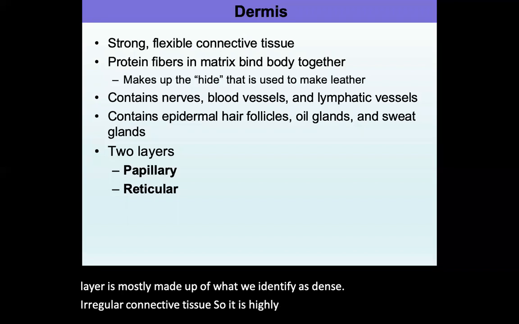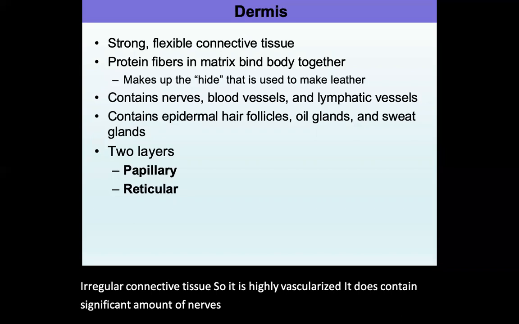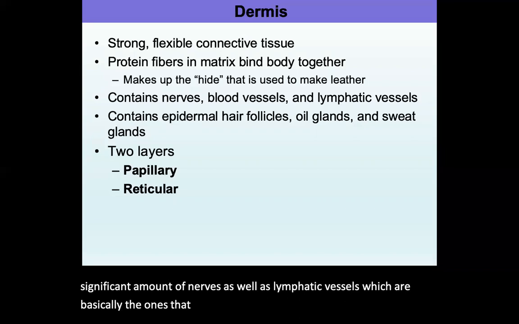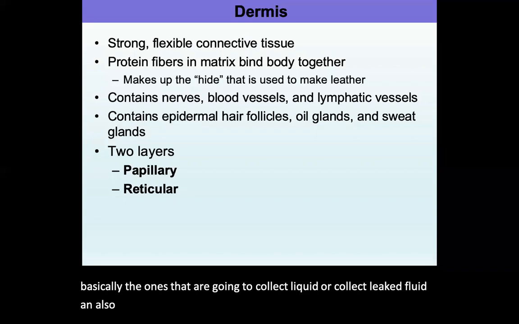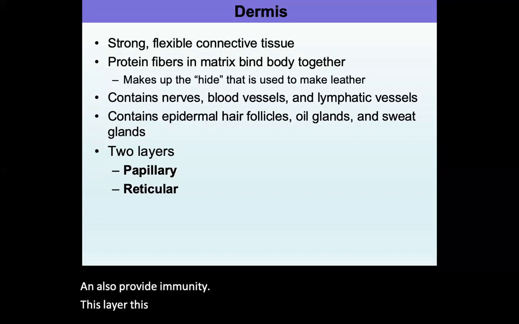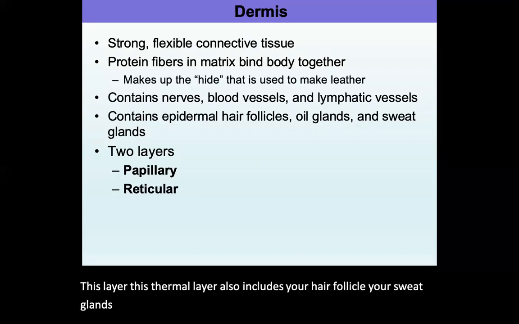It does contain a significant amount of nerves as well as lymphatic vessels, which are the ones that collect leaked fluid and also provide immunity. This dermal layer also includes your hair follicles, sweat glands, oil glands, and nerve endings.